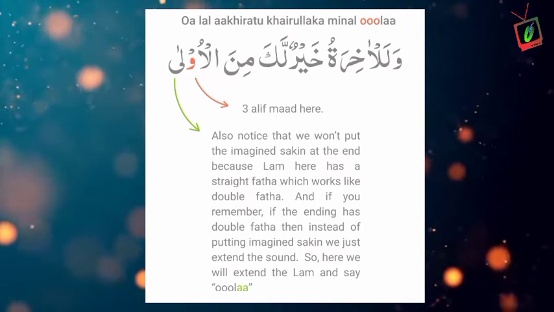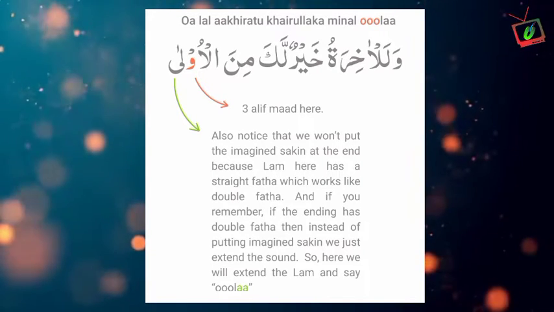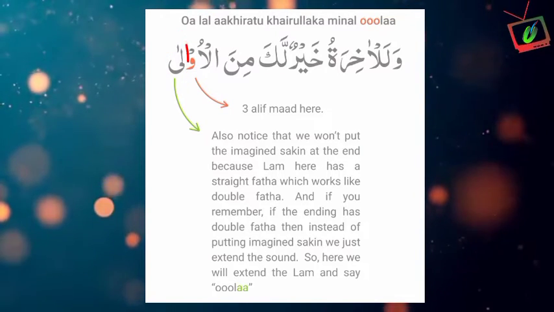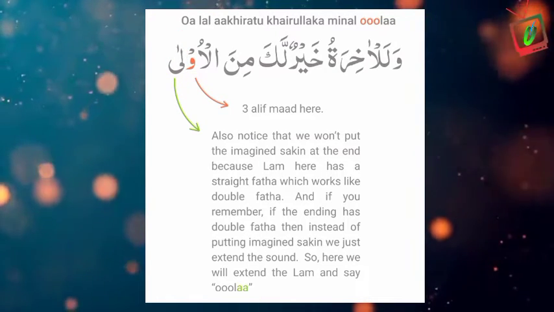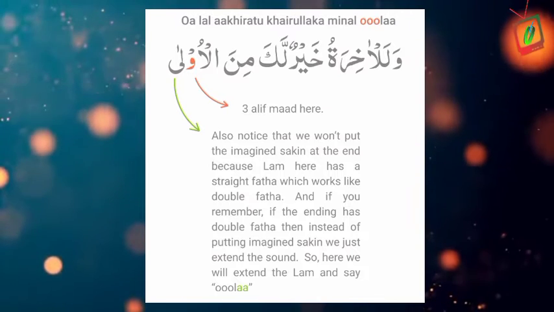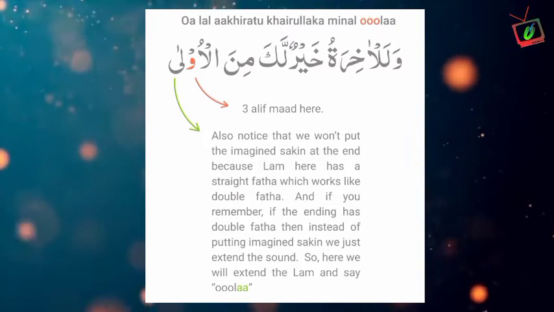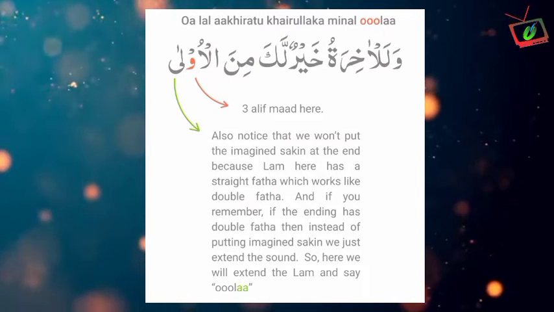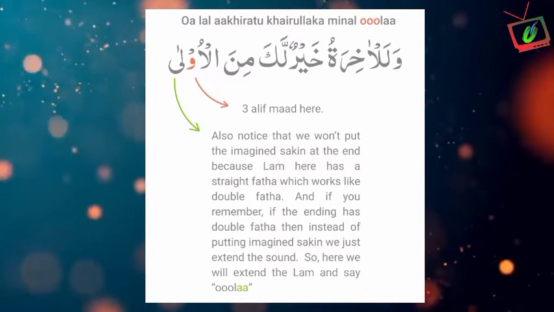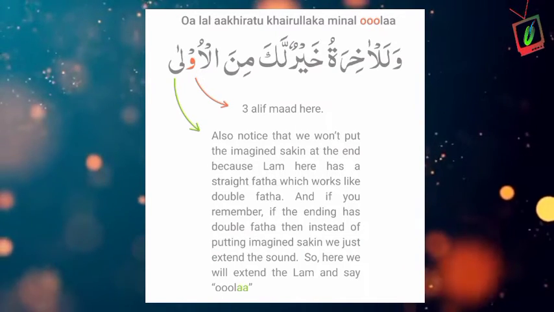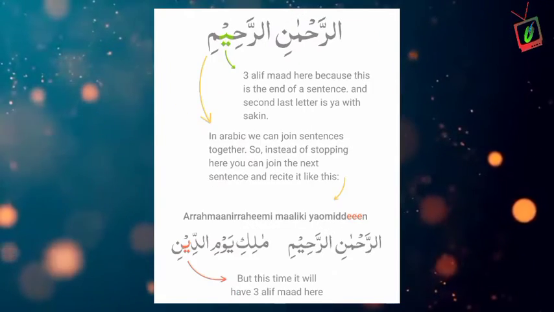Also notice that we won't put the emergent sakin at the end because lam here has a straight Fatah which works like double Fatah. And if you remember, if the ending has double Fatah, then instead of putting emergent sakin, we just extend the sound. So here we will extend the lam and say ula.